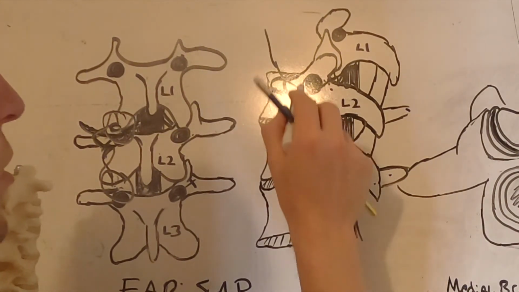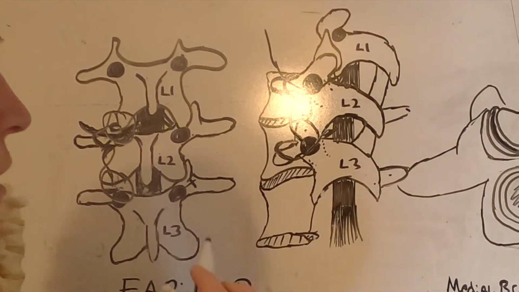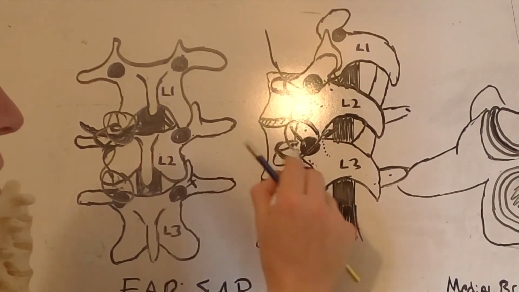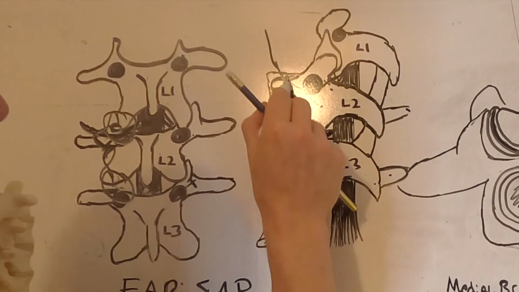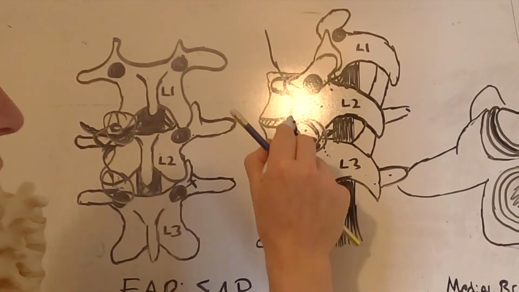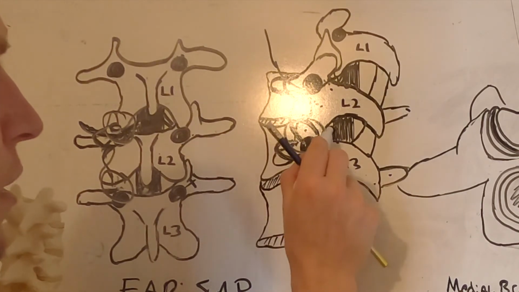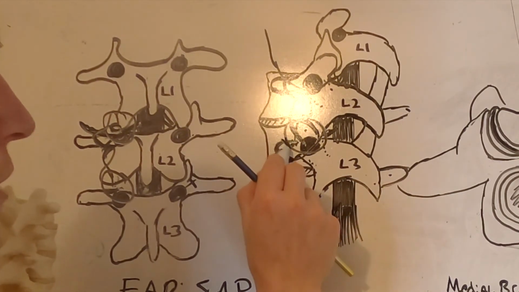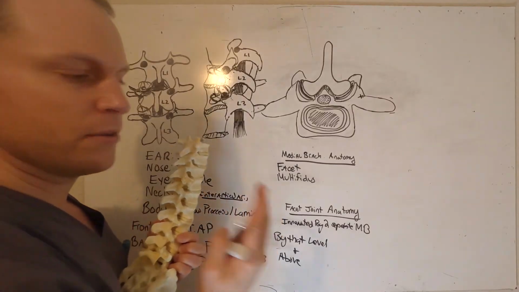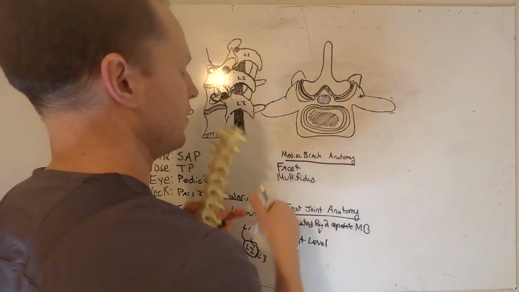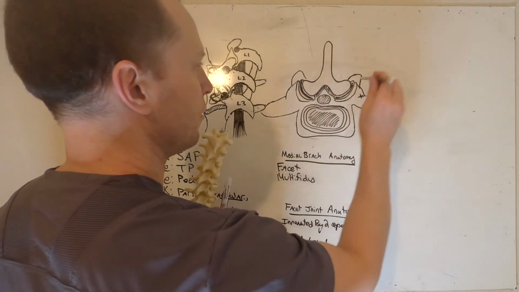So to anesthetize this L2, L3 facet, we're going to have to block this one to block this descending branch, and also block this one to block the nerve that's innervating at that level. That's why you must do 2 blocks for 1 facet. And that is the same here. This is what it would look like on a coronal view.